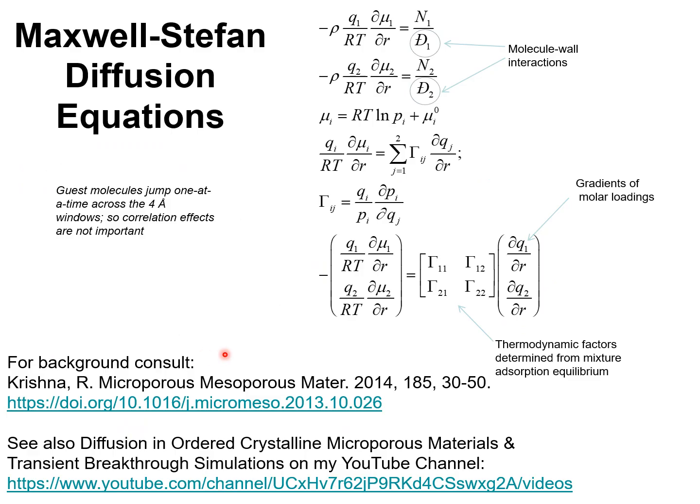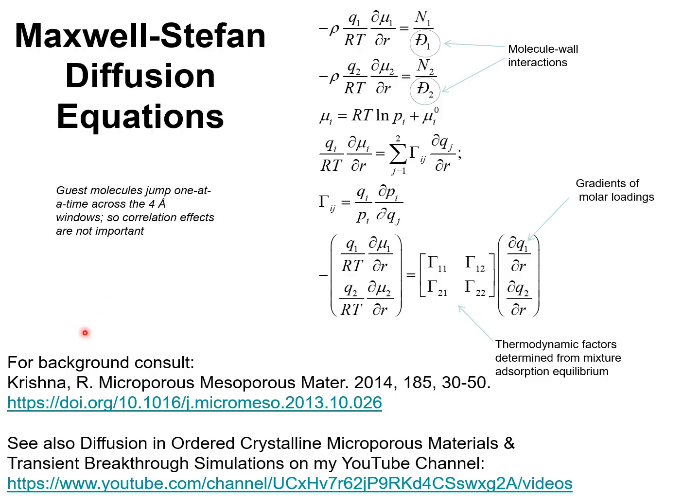Based on the MD animations shown on the previous slide, we conclude that the gas molecules jump one at a time across the narrow 4 angstrom windows. So the intercage jumps of gas molecules are uncorrelated.